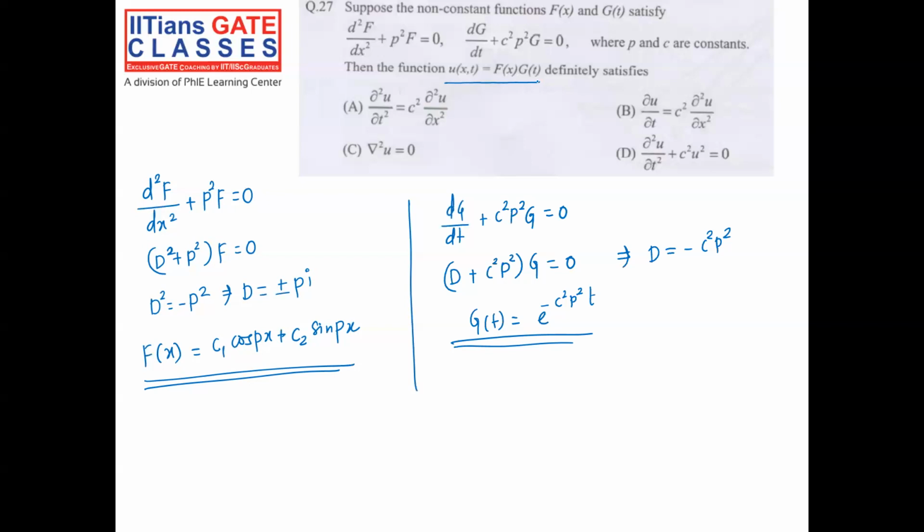So let me write it here again. f of x is equal to c1 cos of px plus c2 sine of px, and g of t is equal to e to the power minus c square p square t.